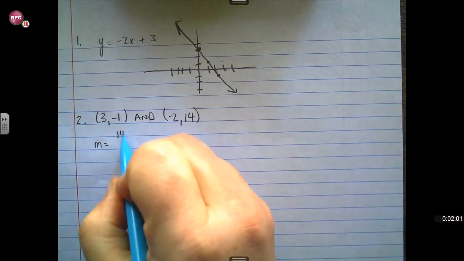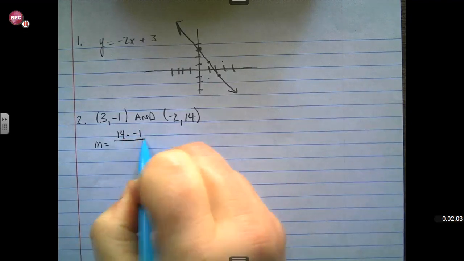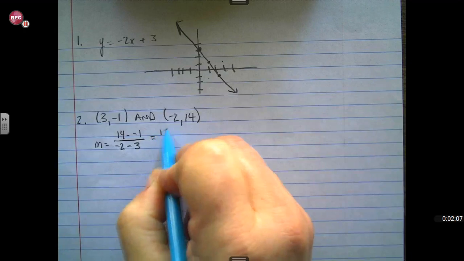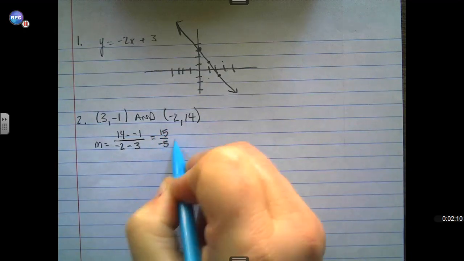We need slope and we need a point. We've got 2 points, which allows us to find the slope. So we take 14 minus negative 1 over negative 2 minus 3. That's 15 over negative 5, which is negative 3.